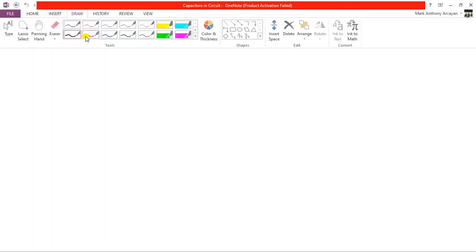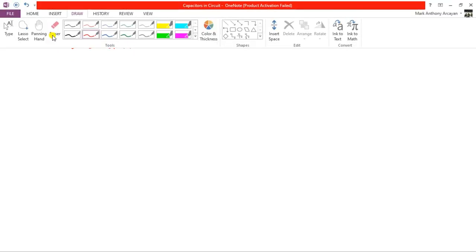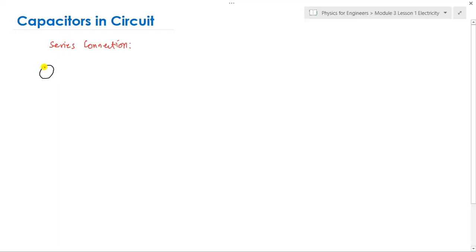Okay, so for series connection, we have here, let's say, a power source, then the capacitors are in series. Say these are C1, C2, C3, and here current flows.